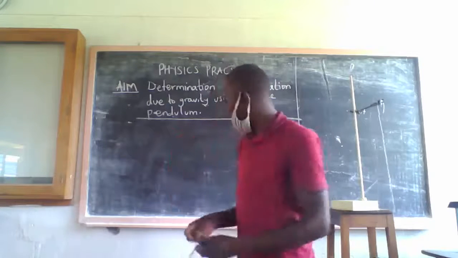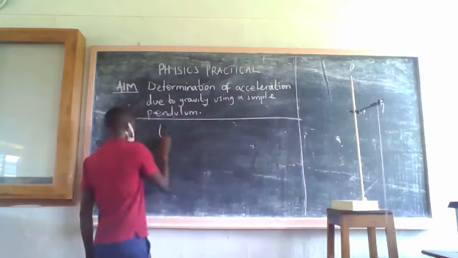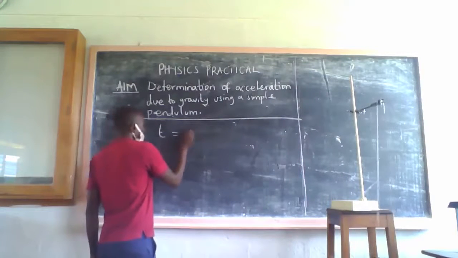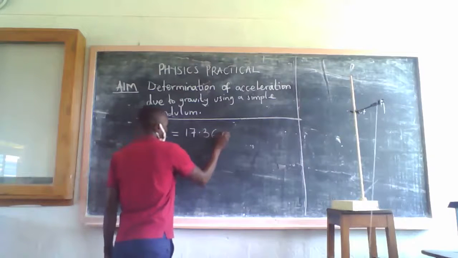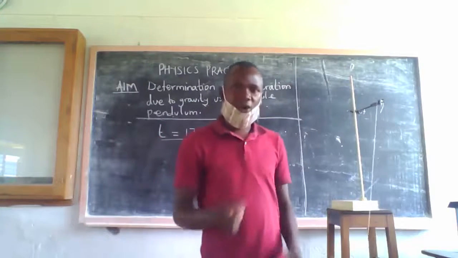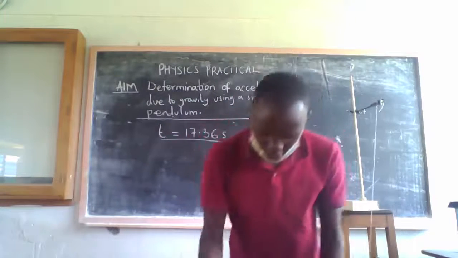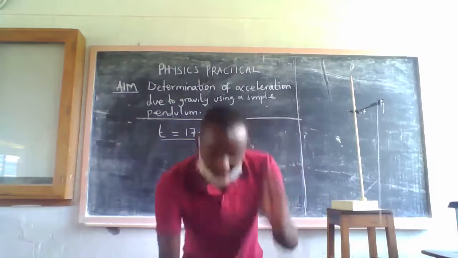So we shall have that recorded as time small t, which is equal to 17.36 seconds as the time taken for 10 complete oscillations. So in that case, we have finished getting the first value.